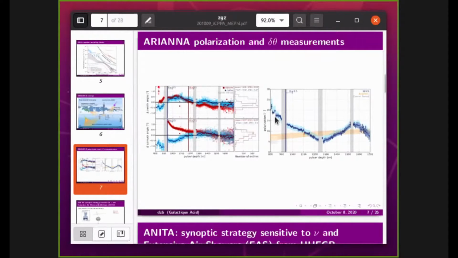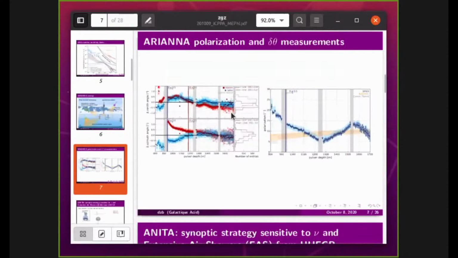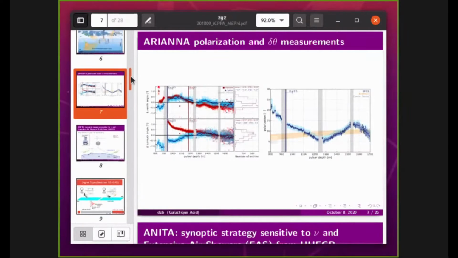The angular resolution on a neutrino interaction, so if you're trying to measure the angular resolution relative to a source, is measured at about a degree in both the elevation and azimuthal planes. The polarization measurement relative to measurements made in the lab is good to about a few degrees, which is quite good if you're trying to actually reconstruct the incident neutrino direction.